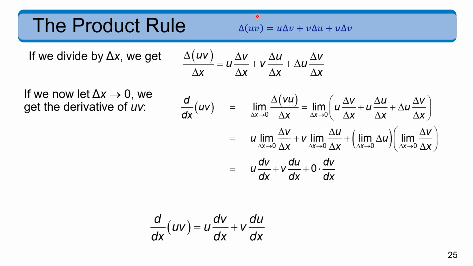So here, the left side, we just put over delta x. And then for each one of these 3 terms, we put each over delta x. And on some of that, we pulled some of the terms out in front, out of the denominator. So then, to get to the derivative, we need the limit of this.